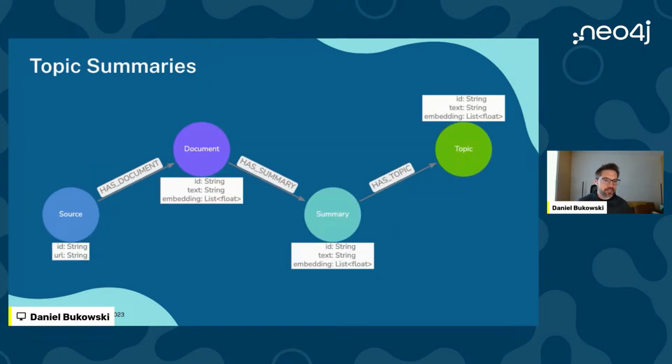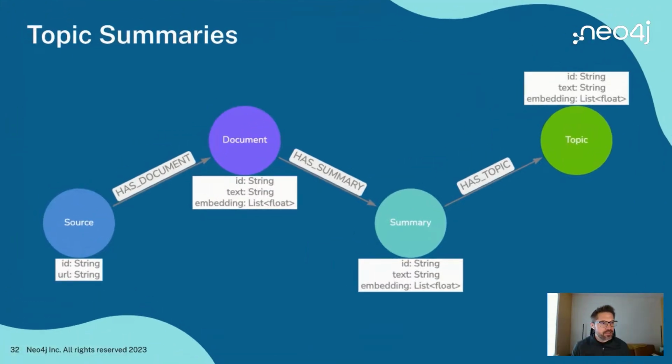And then finally, the topic summaries. This starts to get into the area of ontologies and adding even more sophisticated structures, which is on our roadmap to continue working on. For more information about that, I would definitely point towards Jesus and the Going Meta series, which has several outstanding episodes digging into this. That's where Jesus is really the expert. But we have the source, we go into the document, and then we have the LLM-generated summary.